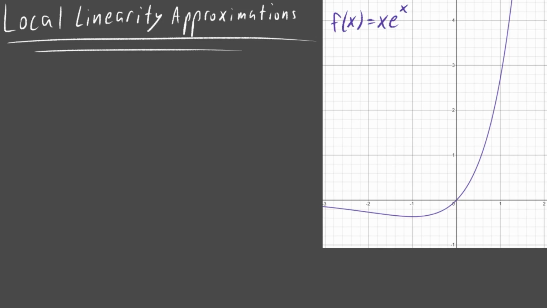And let's talk about why this works. So hopefully you're already familiar with tangent lines. They have to do with thinking about instantaneous rates of change and tangent slopes at a point. So hopefully this isn't a new concept to you, but for example, let's imagine that we have a tangent line right here. Let's say it's tangent at x equals 0.